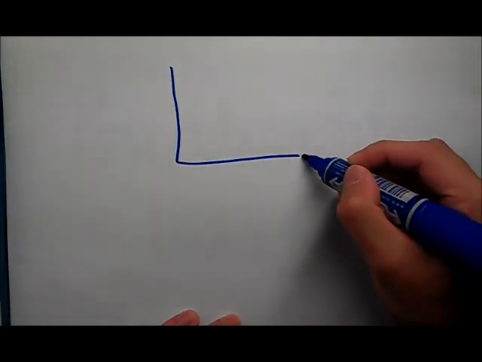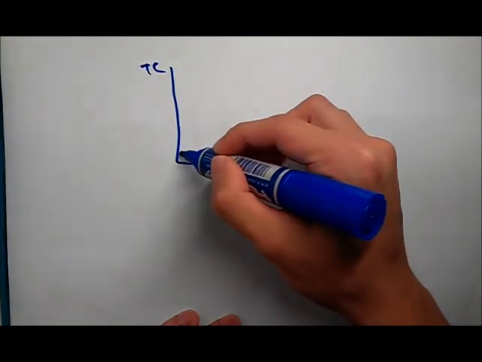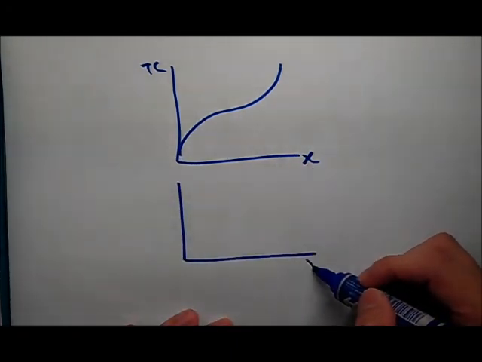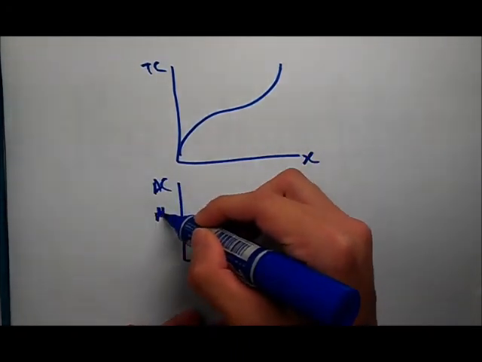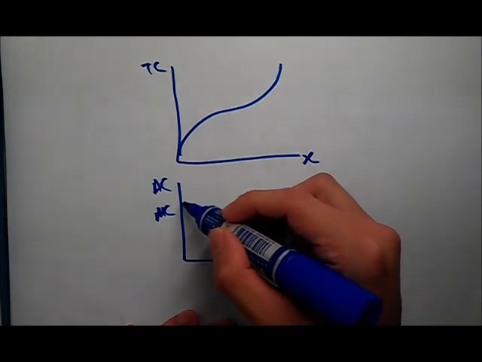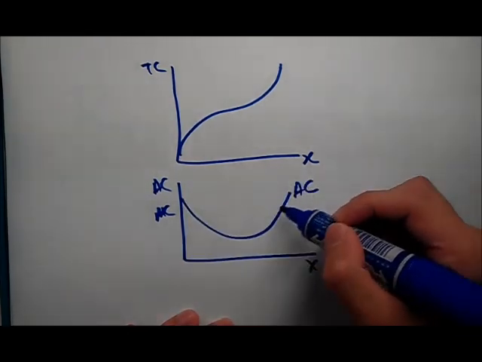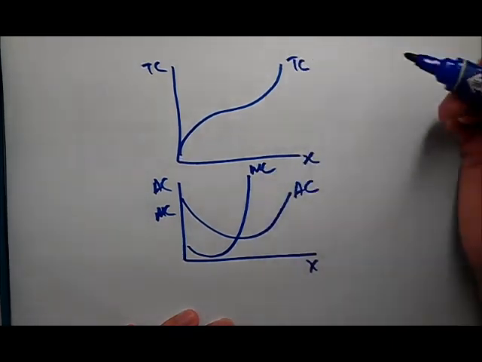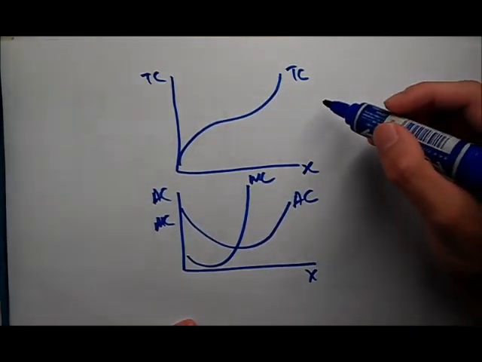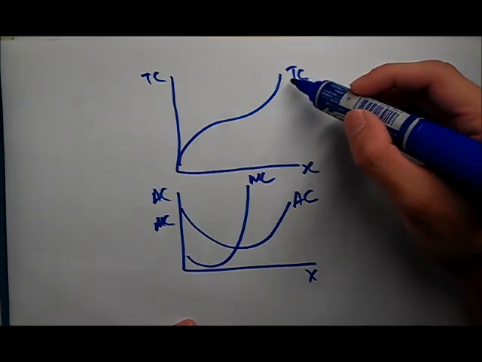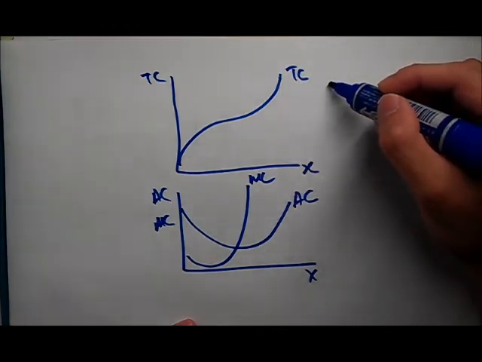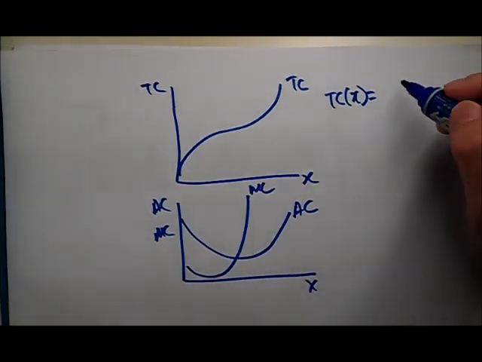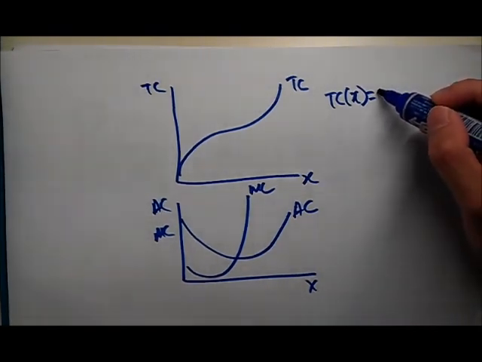Our total cost curve is going to be used to derive our average cost curve as well as our marginal cost curve. This is average cost and this is marginal cost, total cost. Now, assuming an equation for the total cost, I'm just going to use a very simple equation to not complicate things.